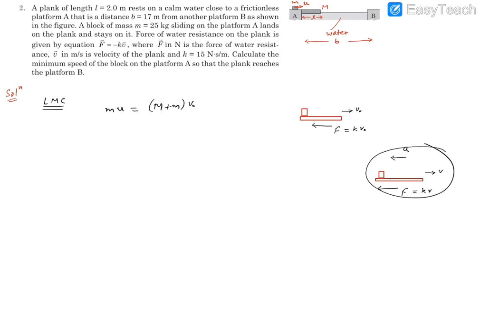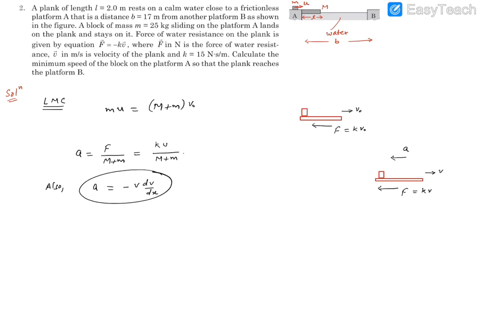So from kinematics, or dynamics, we can say that a has to be equal to F by M, where M means the total mass, which is capital M plus small m, because the total mass is moving. Now this will become kv divided by capital M plus small m. But we also know this is retardation, so we can use the basic definition that retardation is equal to minus v dv by dx.